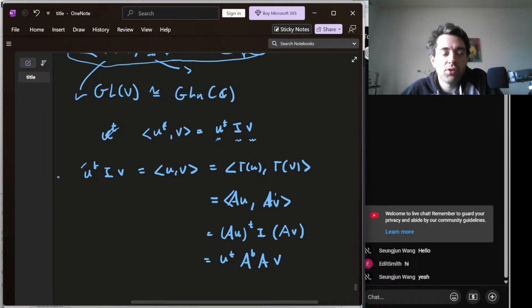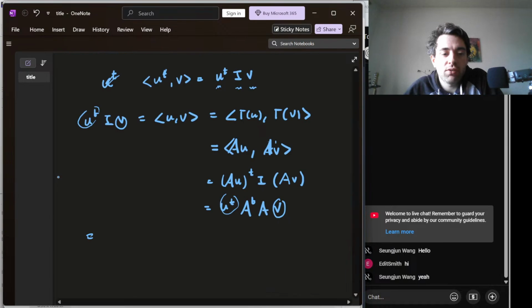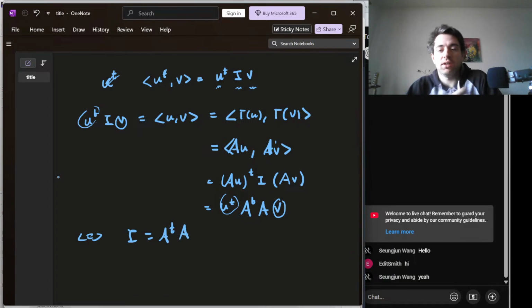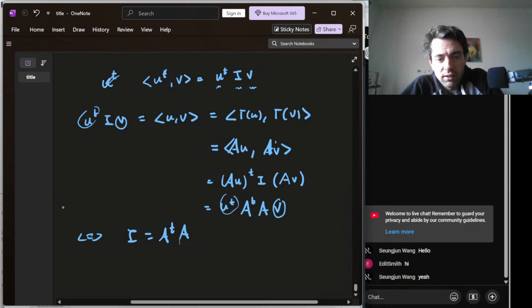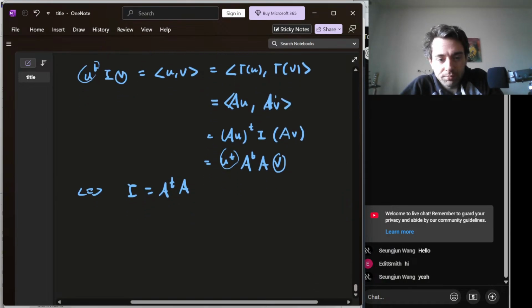And if this is going to be true for all vectors u and v, that's going to hold if and only if A^T A is the identity matrix.